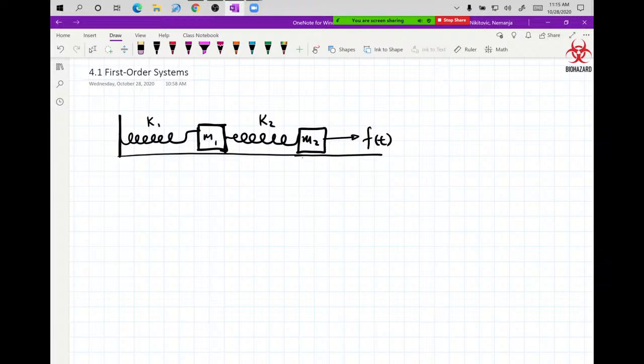Remember, the displacement of the first object will be x, which is a function of time, to the left and to the right. And the displacement of the second object is also a function of time, but now this one will be y. Well, you can use x1 and x2 if you want, because they're both moving on the x-axis. Actually, maybe it's better if we use x1 and x2, because we're using m1 and m2.